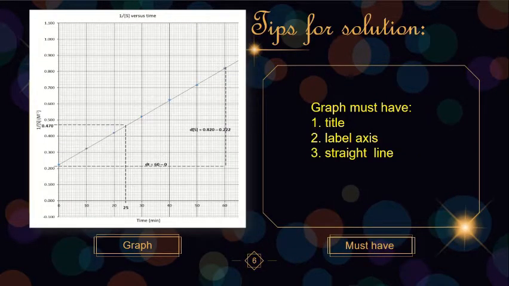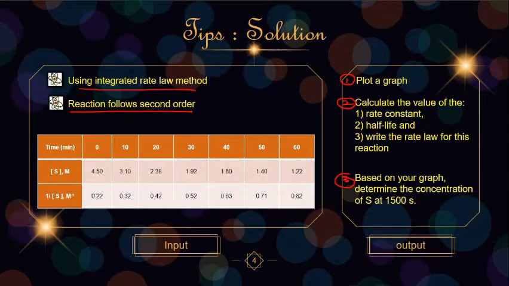Okay, so you need to plot the graph. Okay, the graph must have a title, label axis, and straight line. So from here, actually, you know that you need to find the 1 over concentration. So you put in the value, you calculate first, and then you complete the table. So first, you need to complete the table.